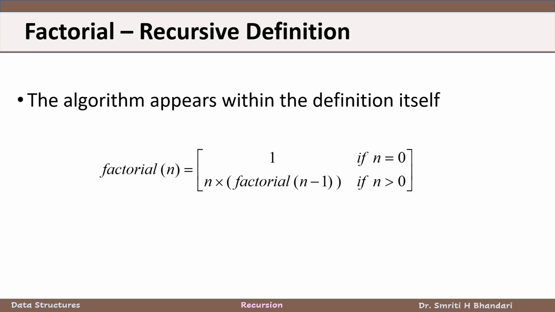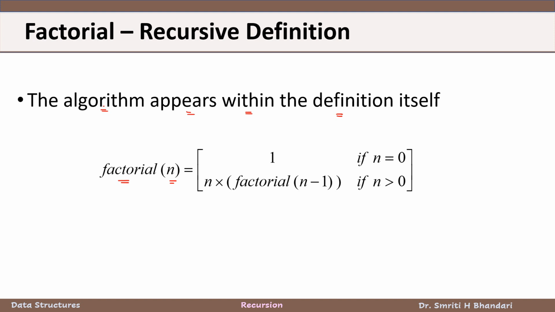Now let's see the recursive definition of factorial. In the case of recursion, the algorithm appears within the definition, right? So factorial of n can be defined recursively as 1 if n is 0.